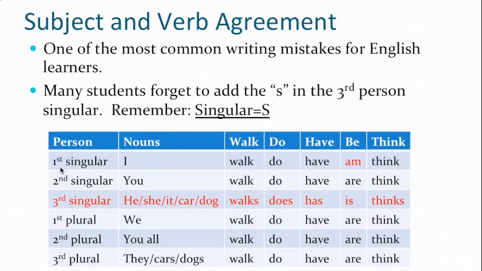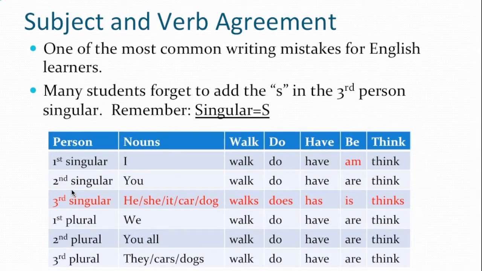So for the first person singular, you have I walk, I do, I have, I am. That to be is irregular, so it's pretty much the only word that has a different form in the first person present. And also you have I think.